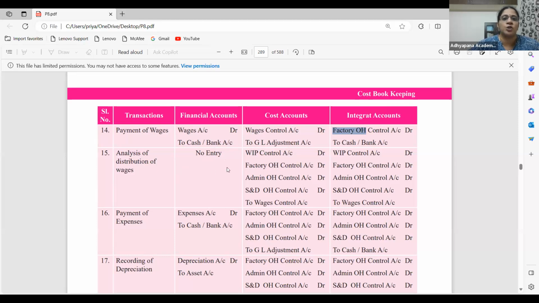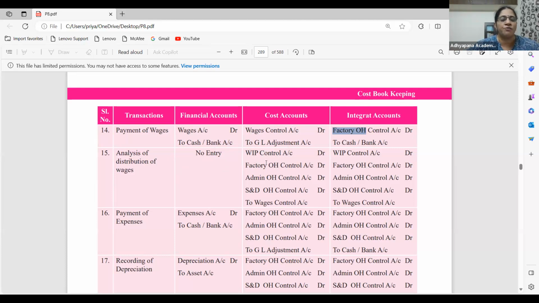Then for analysis of distribution of wages, you do not further analyze to whom you are paying wages under financial accounting. Under cost accounting, when it is direct wages, they are directly engaged in production. So it will be WIP control account debit. WIP control is debited for direct wages.